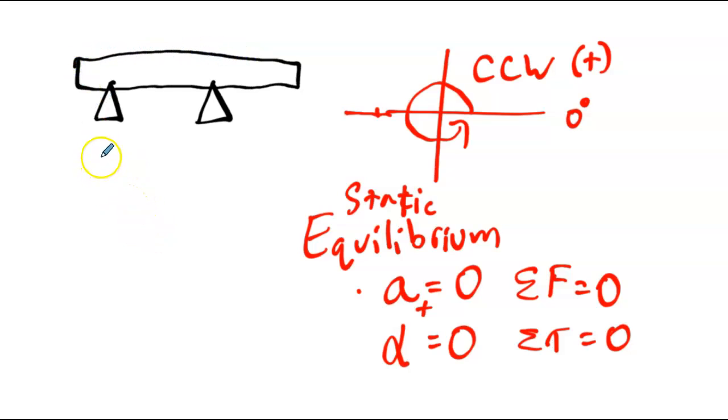Let's say we've got an unbalanced seesaw. Okay. Let's say this is 2 meters and this is 1.5 meters.